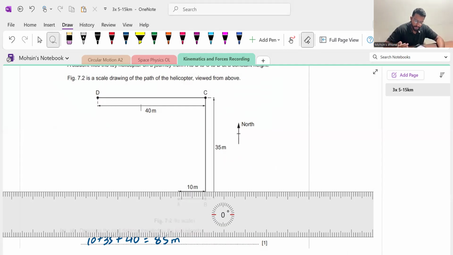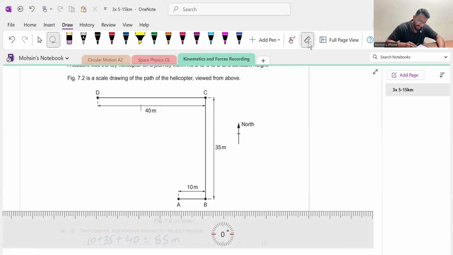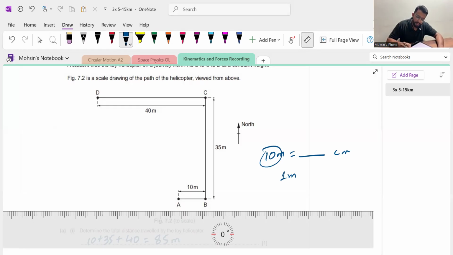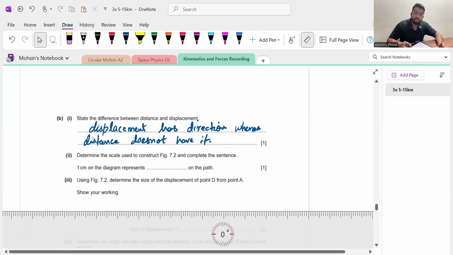What we are going to do here is basically measure the distance for 10 meter, that 10 meter is equal to whatever the centimeter is. Then we will divide that to get 1 centimeter. The requirement here is the 1 centimeter.